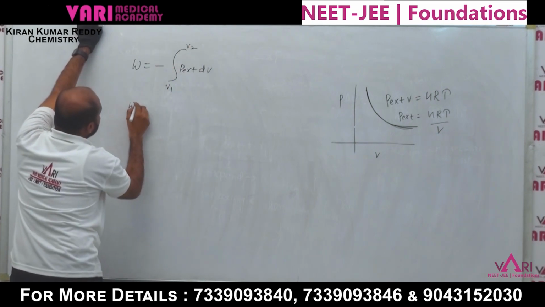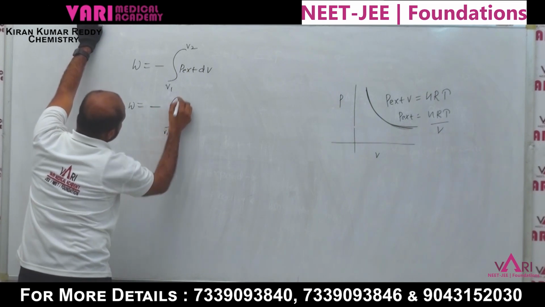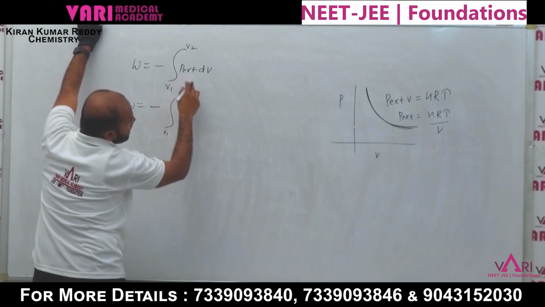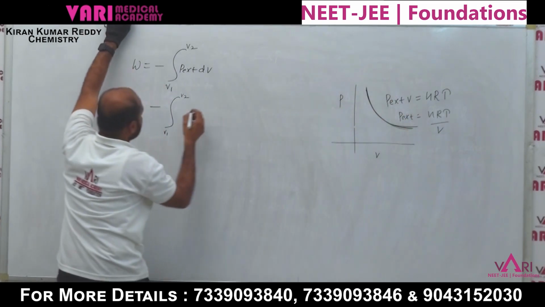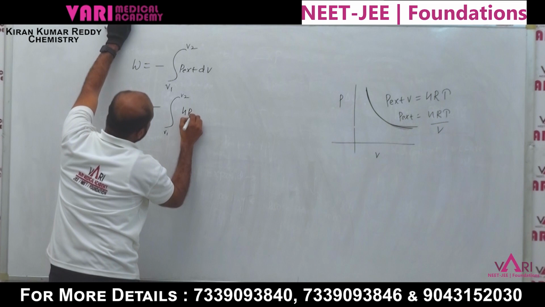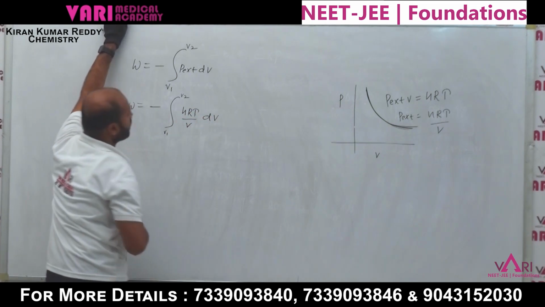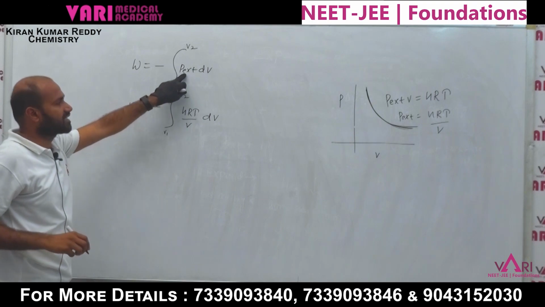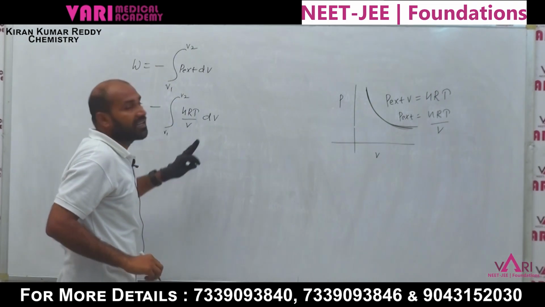Now W is equal to minus integration from V1 to V2 of P external, which is given here as nRT by V, dV. Simple. Where P external is nRT by V.